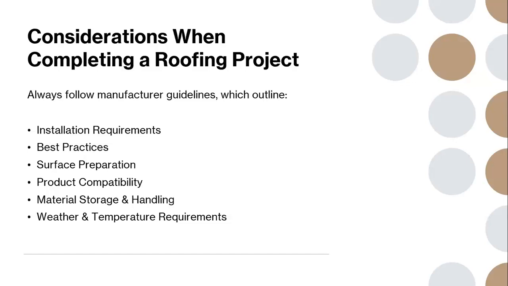So just a high-level overview about some of the documentation and resources that are provided by the manufacturer to roofing contractors. First and foremost, there are installation requirements that come with the exact specifications, but also have general best practices as well. There are details about surface preparation requirements, product compatibility, material handling and storage, as well as weather and temperature requirements.